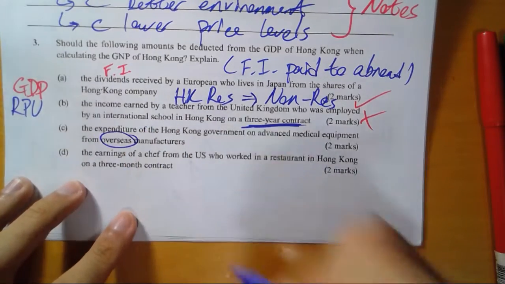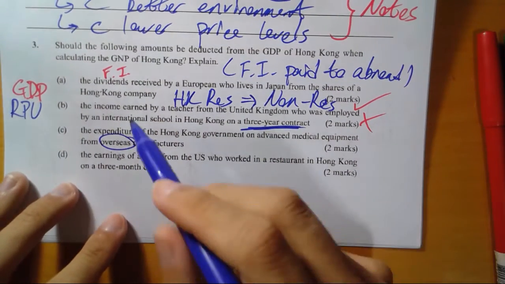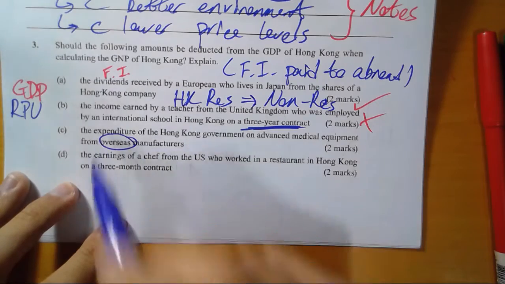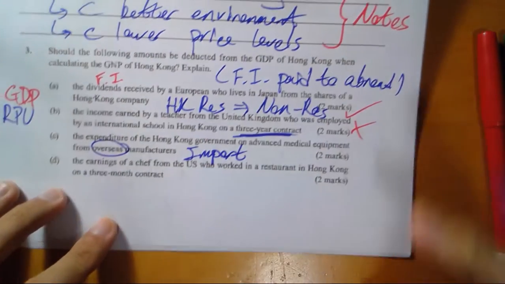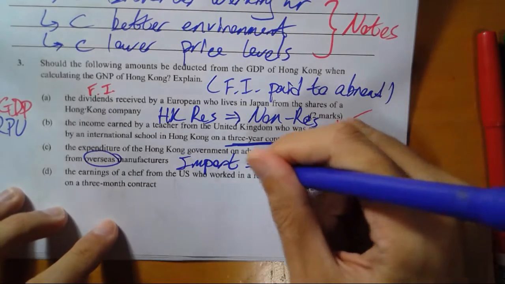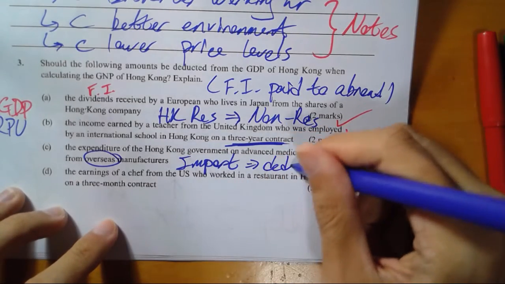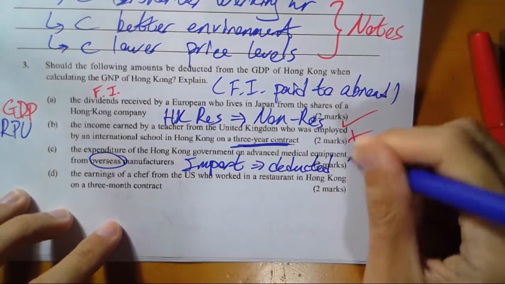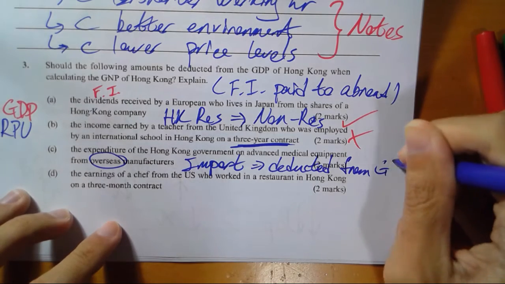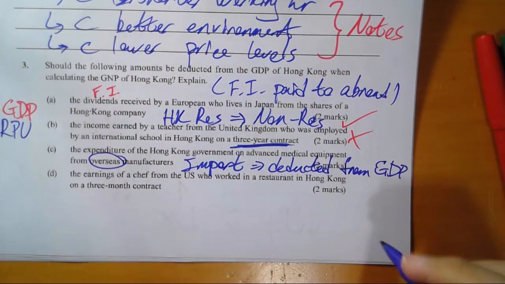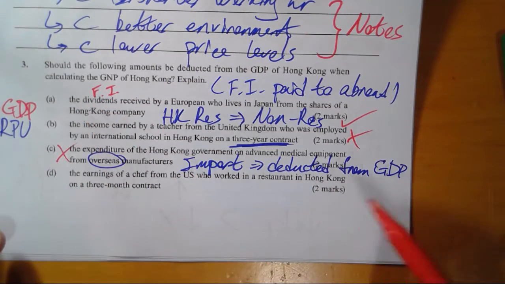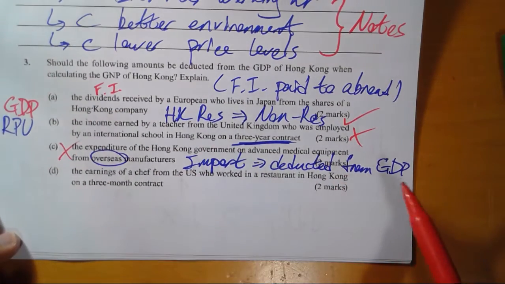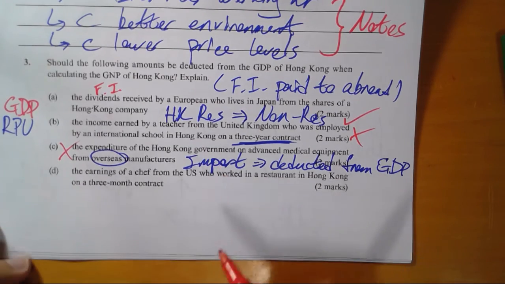Whenever you see buying from an overseas manufacturer, it means I buy something from overseas. This is actually an import item. Import item is already deducted from GDP, so you do not need to deduct it again.